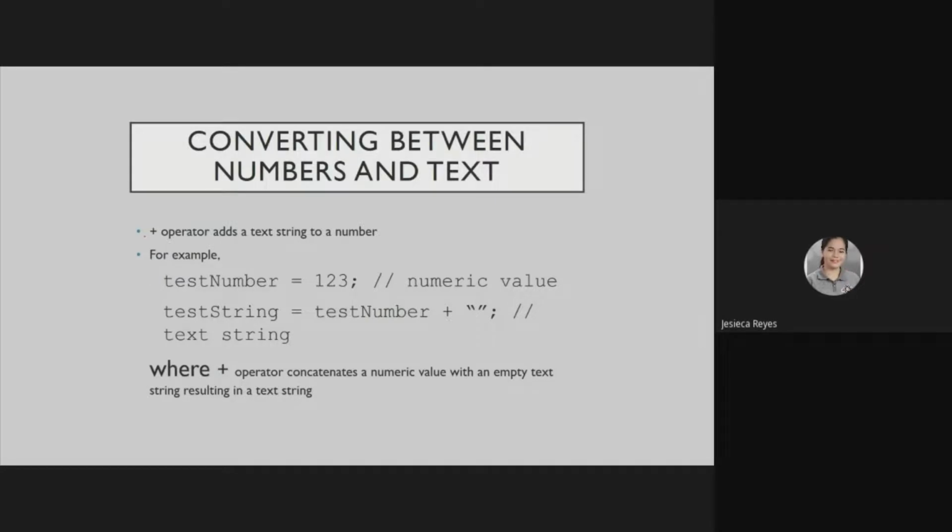So here, the operator plus will be used to concatenate or add a text string to a number. Just like here, test number is a variable being assigned a numeric value 123, and a test string stores the value of the test number followed by a space.